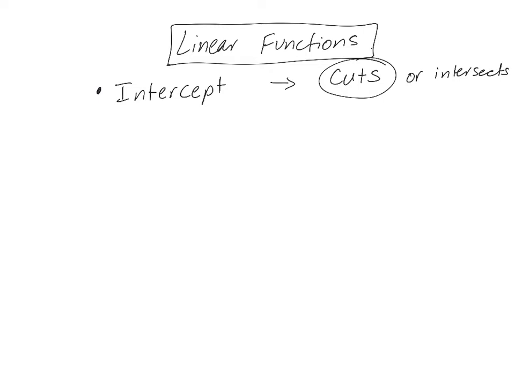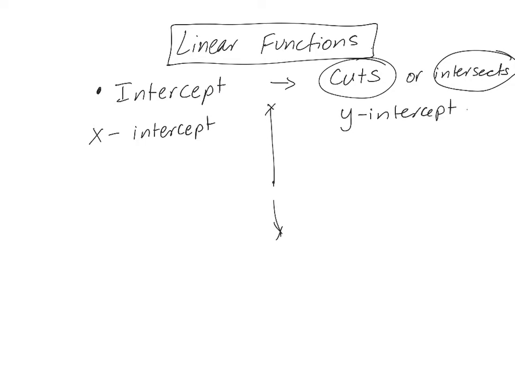So there are two important terms that we will work with, the x-intercept and the y-intercept. So the x-intercept is where the graph cuts the x-axis. And here, this cuts the y-axis.